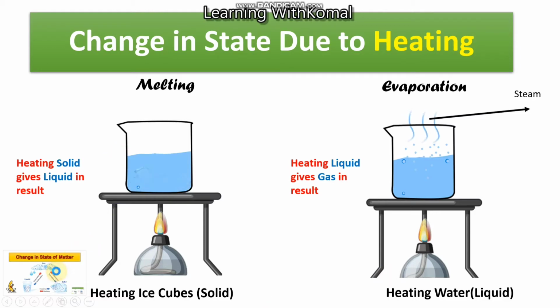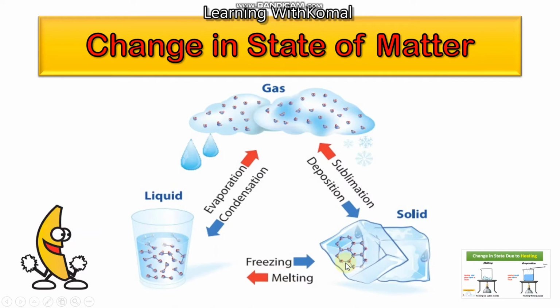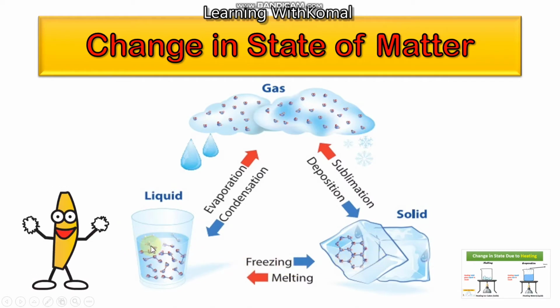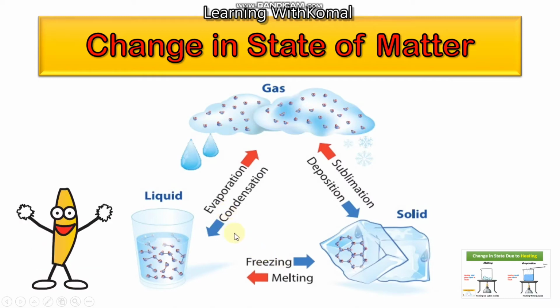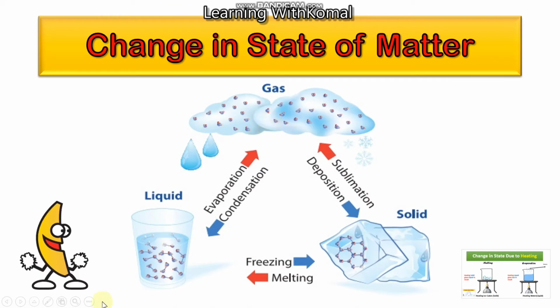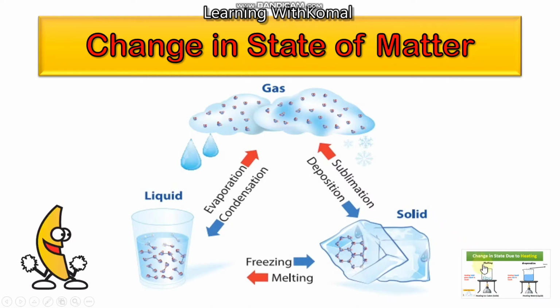As we have seen here in this figure, we have seen melting, where solid changes into liquid, and we have also seen how liquid is changing into gas. So now we are going to see freezing as well as condensation. Now we will see again how this gas converts into liquid and this liquid again converts into solid. So let us move forward.